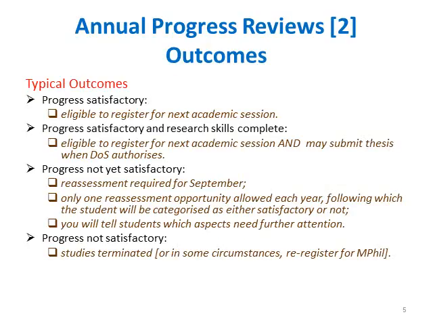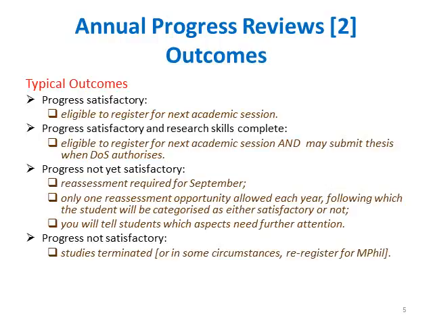This slide runs through the outcomes, and these are the typical outcomes; the next slide talks about exceptional outcomes. The typical outcomes are four. One is progress satisfactory, which means that the student is on track in all aspects and therefore they're eligible to register for the next academic session.